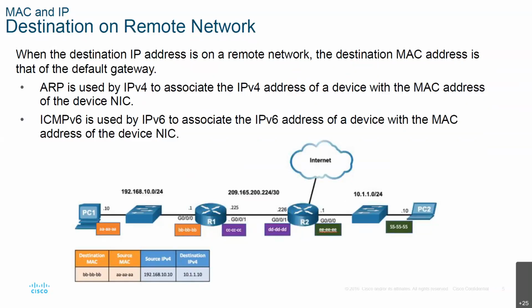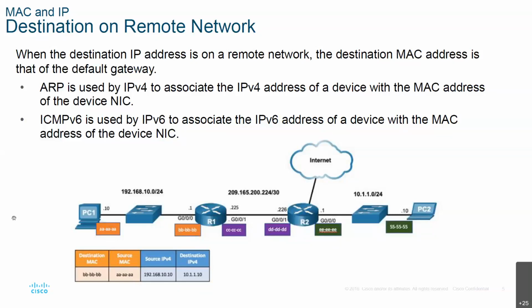So what is ARP? ARP is used to associate your logical address with your physical address. In other words, every device will have a network interface MAC address as well as a logical address. So ARP will tell you this device's physical as well as logical address, this device's MAC as well as IP address.